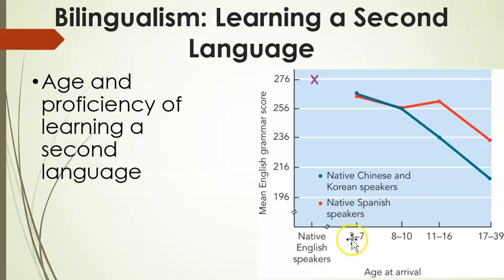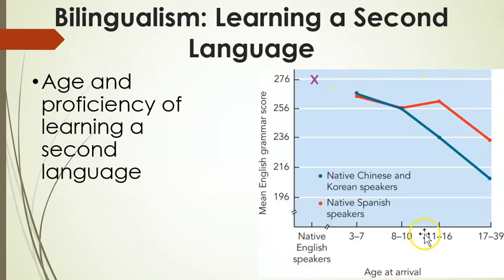I'm almost 30. So I am outside that ideal age. I'm over here. I'm in the 17 to 39 group. So you can see how learning is a lot lower than the younger children. But you are still able to learn.